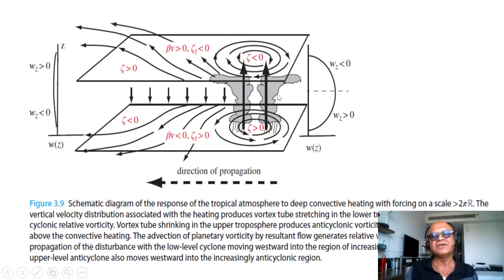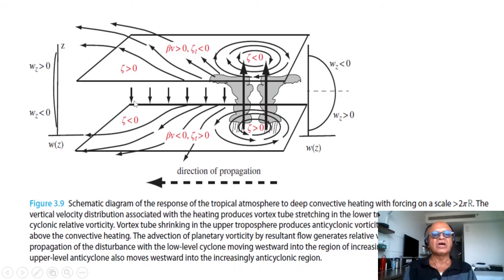The heating is maximum somewhere in the middle, and it's producing cyclonic vorticity below, anticyclonic vorticity above, and there are perturbations radiating out into increasing cyclonic vorticity here and increasing anticyclonic region here. And there is this broad scale subsidence that we talked about before when we get away from the convection.